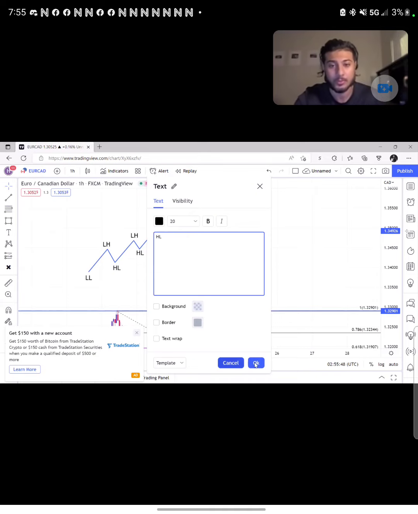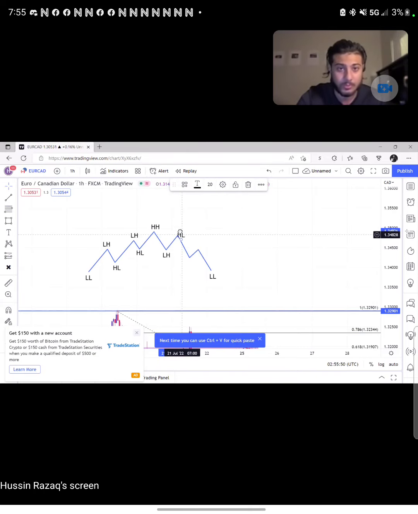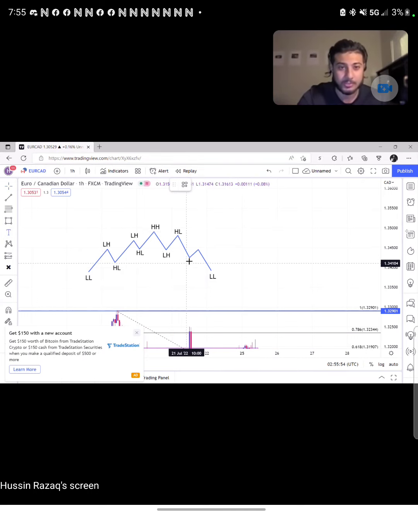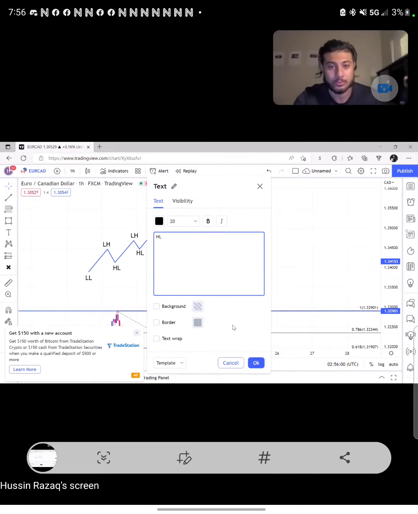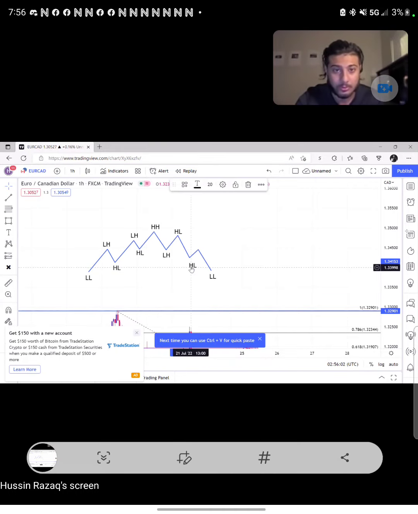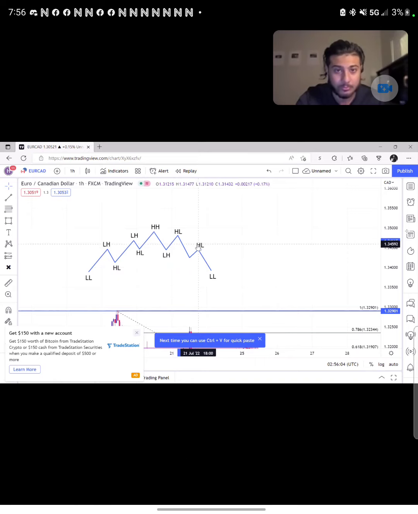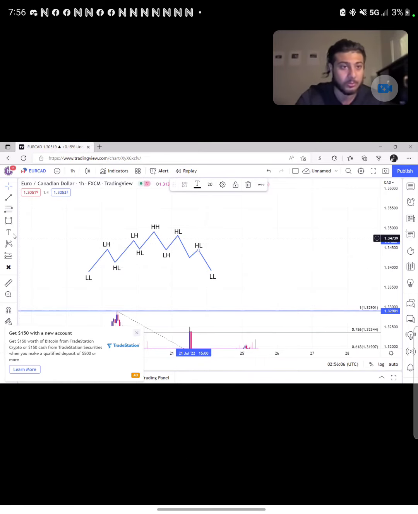Higher low. Yeah, this is how I look at the market, and I feel like it's the easiest way to look at it. And lower high.